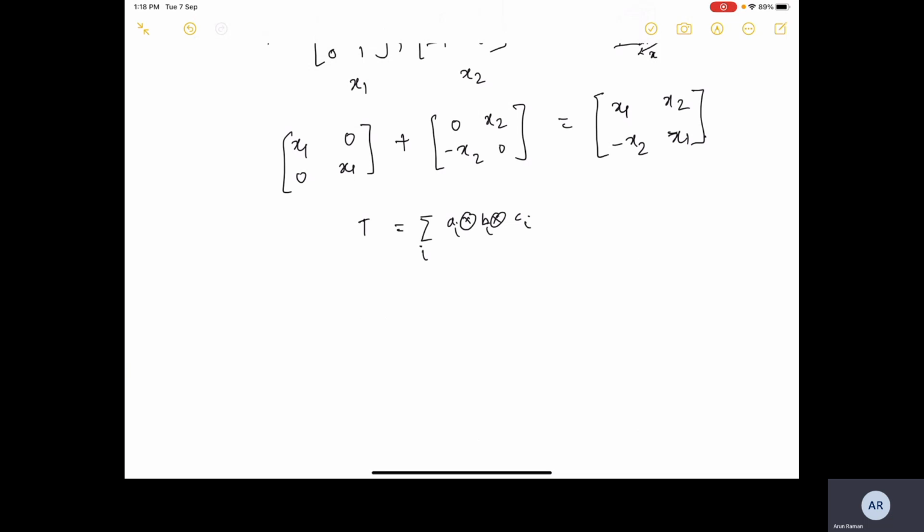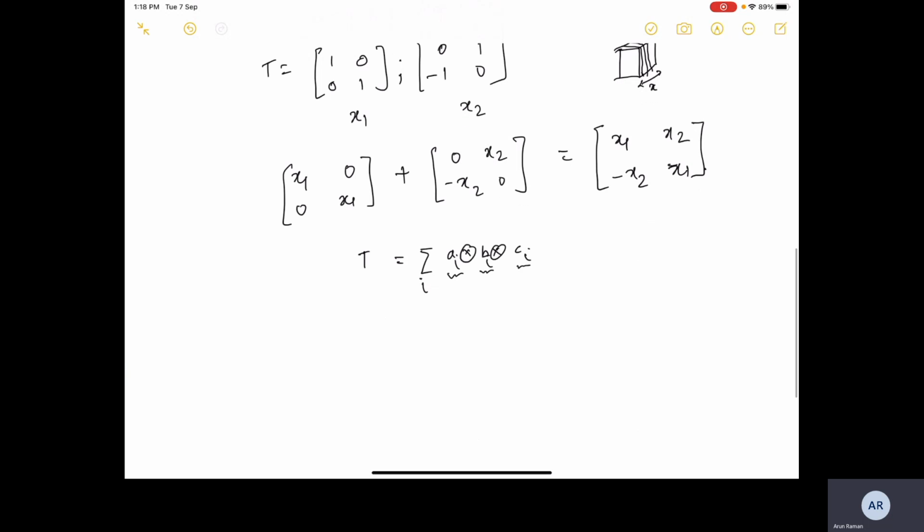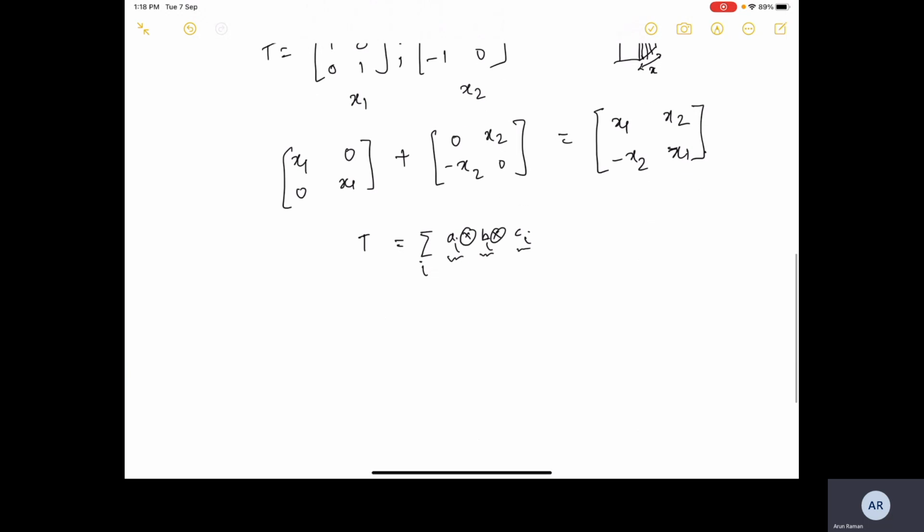The rule that he has talked about is that the a_i's, b_i's and c_i's are independent of each other. And the idea is that we want to scale the tensor. If we had the tensor, then the scaling will look something like this. But suppose we have the decomposition given to us, we will reverse engineer it.